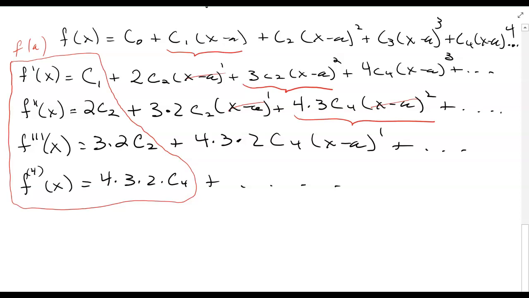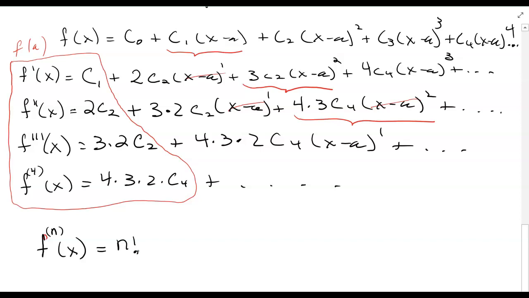Okay, well, there's a pattern here. Look at this pattern for a minute. I have f to some derivative of a, 4 times 3 times 2, 3 times 2, 2 times 1, 1.